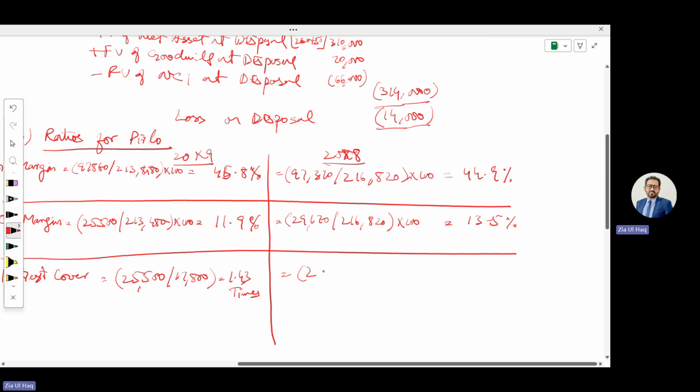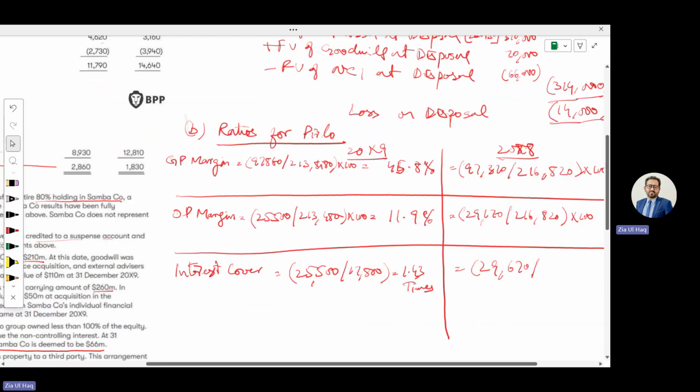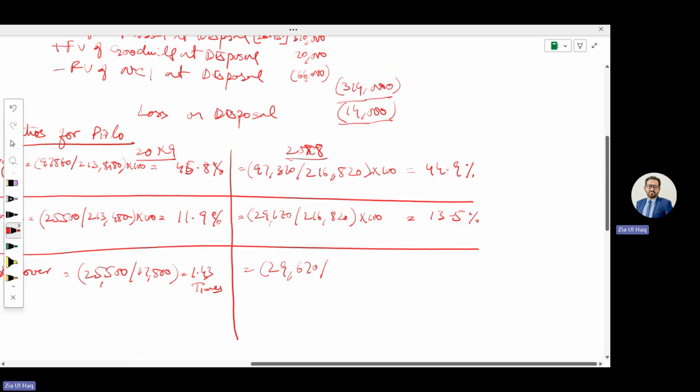So 29,670 divided by 16,200. Yes, 16,200. So that is 1.8 times.